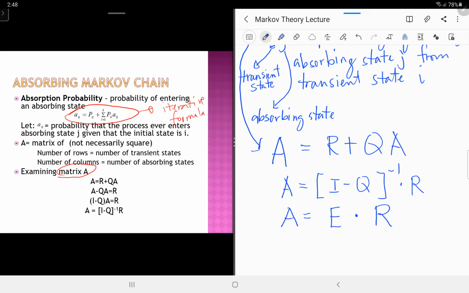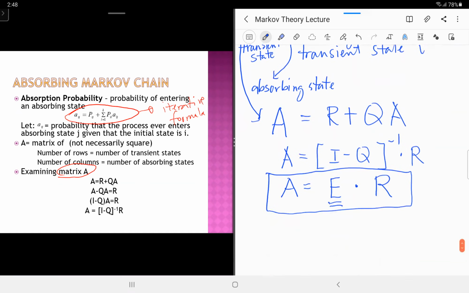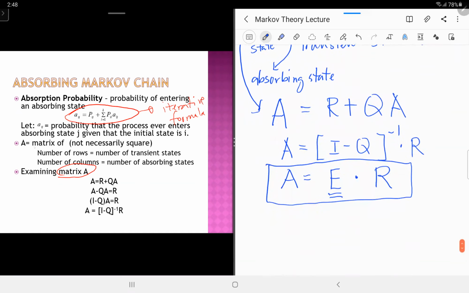So now, what we want is to calculate the probability that coming from transient state I, you will be absorbed in absorbing state J. So we just continue the calculation E times R. So this is now our working formula for calculating the probability of entering absorbing state J coming from transient state I. So take note, this is very important.